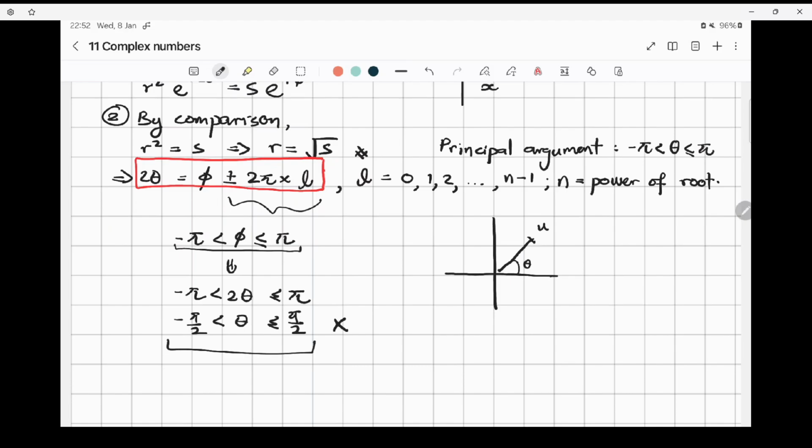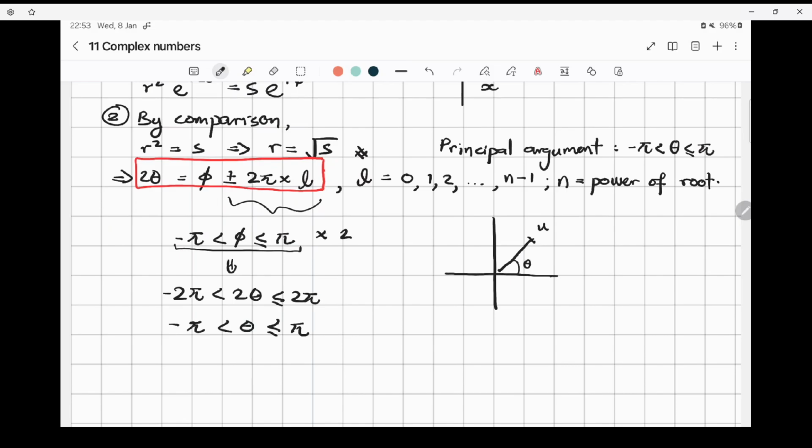So in order to counter this kind of effect, basically what you need to do is multiply the whole thing by 2, so that when you look at your solution and divide everything by 2, you're still getting back your original principal argument.